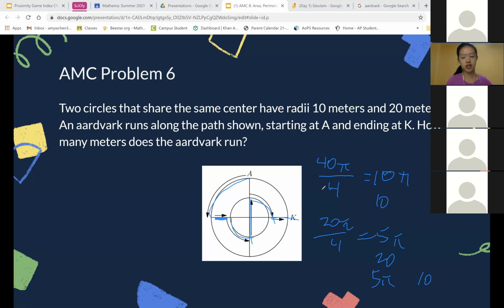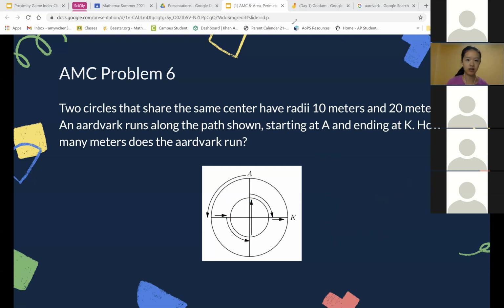Basically, you just take the components and add them up one by one. However, if you didn't want to add them up one by one, you could just notice that all of these smaller curved paths are actually just half the circumference of the smaller circle. So you could get half the circumference of the smaller circle right away.